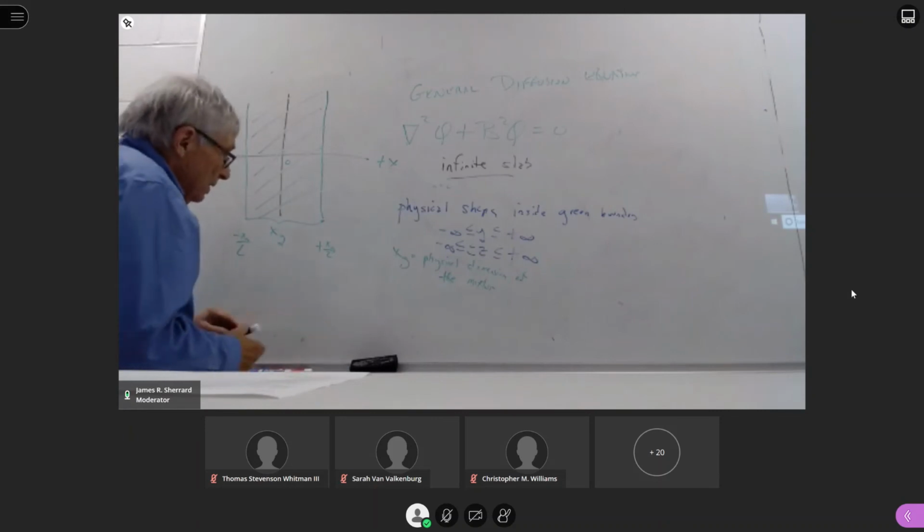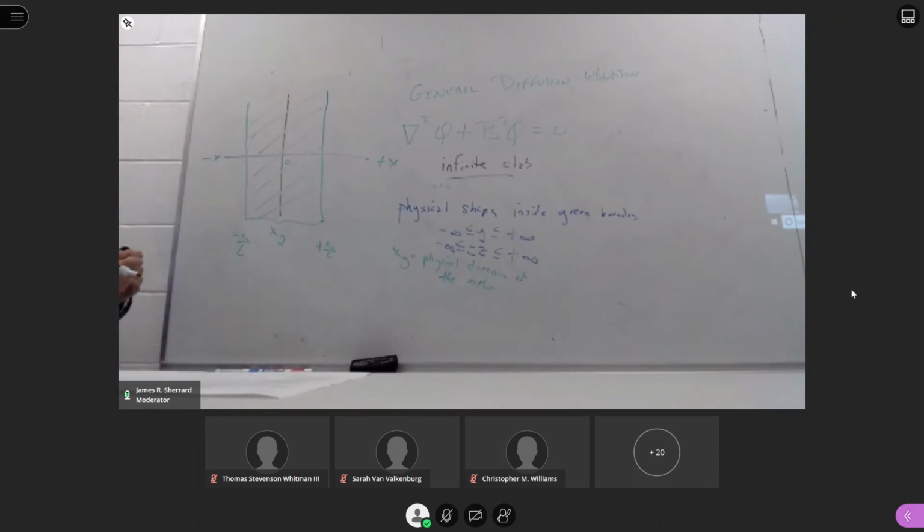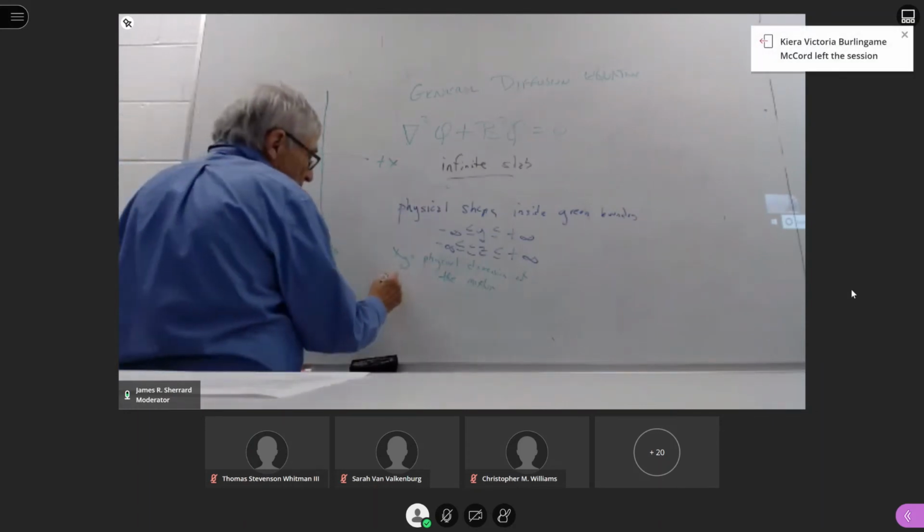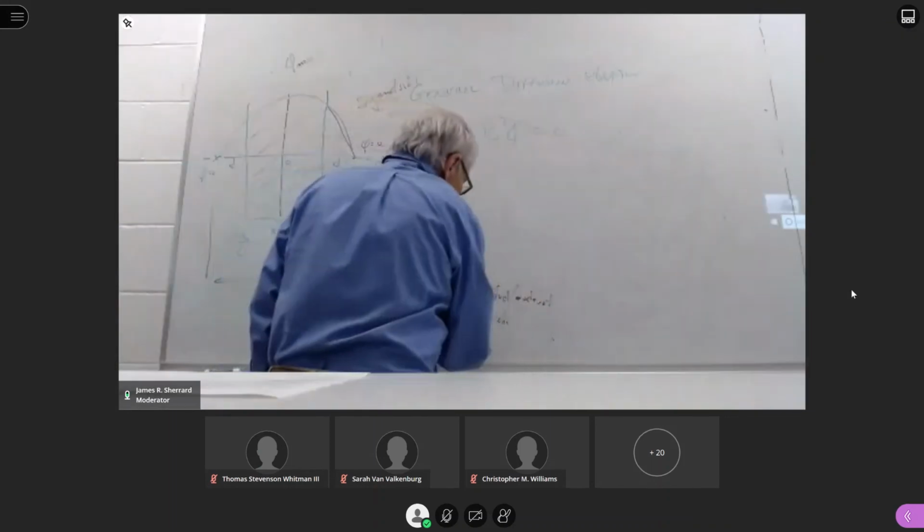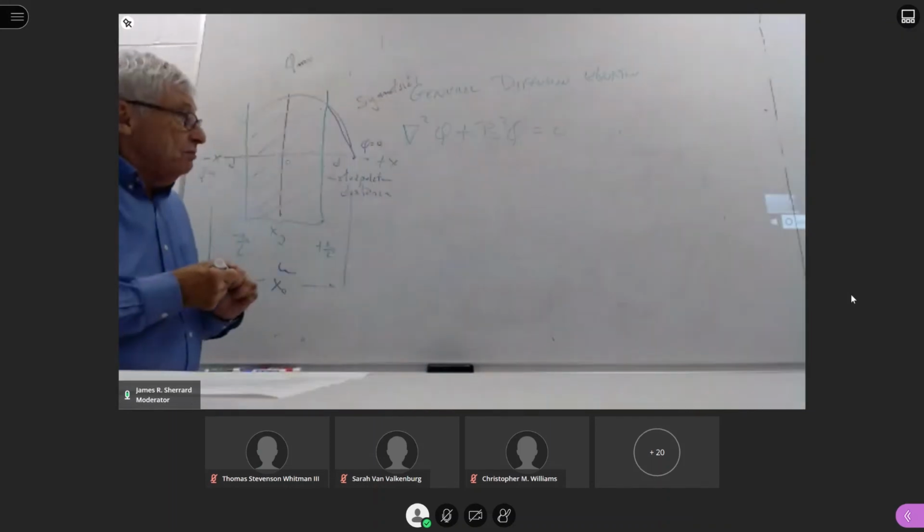When you put a fuel and moderator mixture in here, it will generate a flux. So we'll have the flux equation.